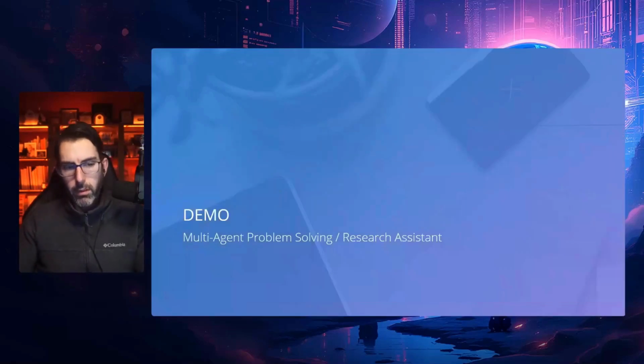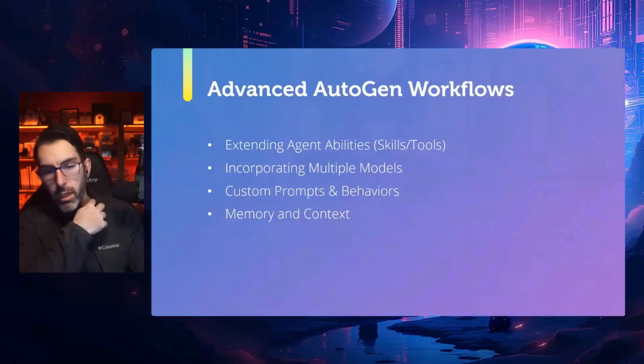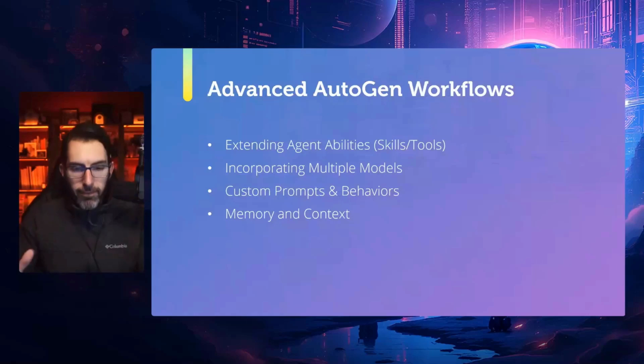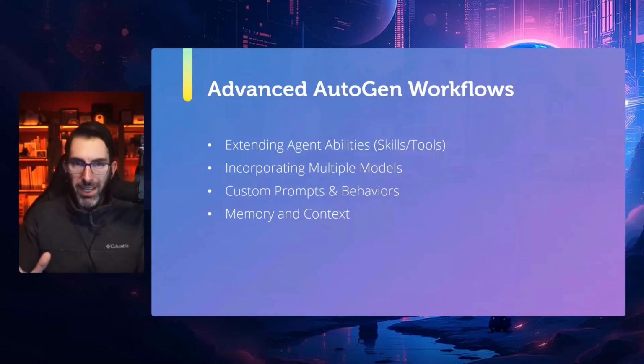Okay. So let's continue. Okay, advanced Autogen workflows. So what are we talking about? Autogen allows integration of tools, functions, or external systems that agents can invoke. For example, an agent could be equipped with a Python execution skill, a web browsing tool, or a domain-specific API, which is kind of what we did.